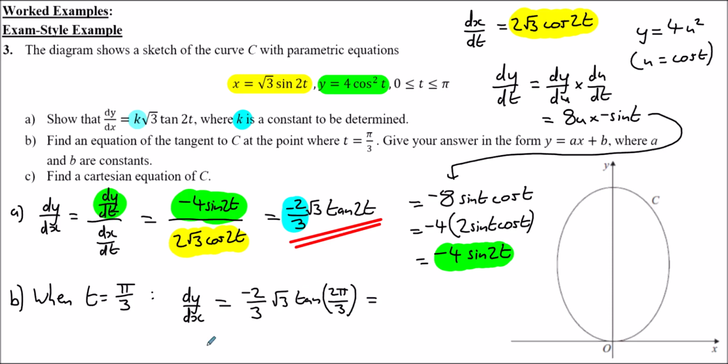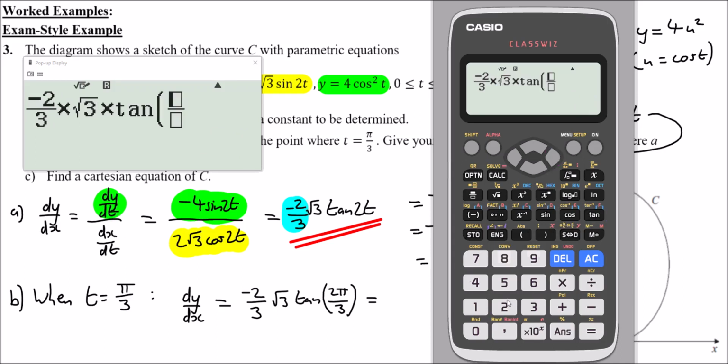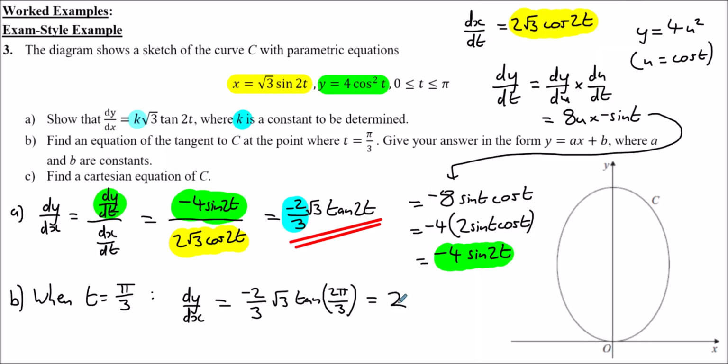So if we just bang this into our calculator and type it in very carefully, we've got minus 2 over 3, toggle down, multiplied by root 3, multiplied again by tan, in brackets, 2 pi, in radians of course, over 3. Close brackets, press equals, we get 2. So therefore, the gradient of the tangent, where t equals pi over 3, is 2.